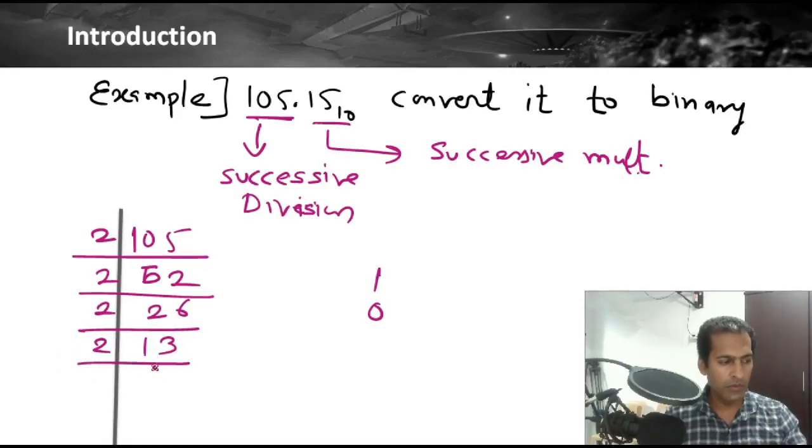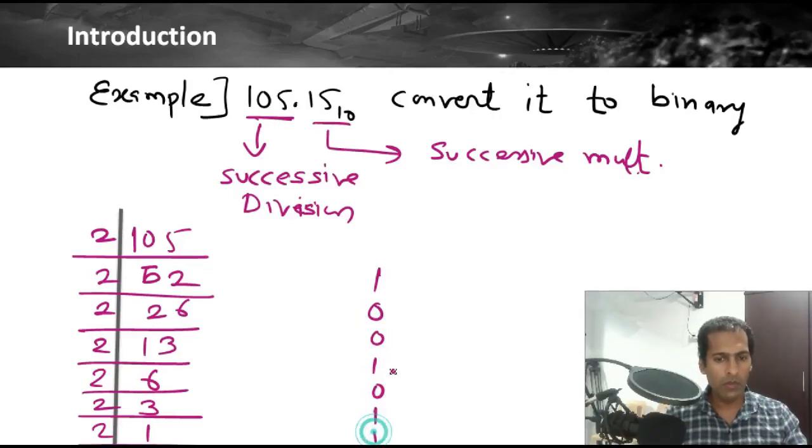Then again divide by 2: 26, remainder 0. Then 13, remainder 0. Then 6, remainder 1. Then 3, remainder 0. Then 1, remainder 1, and finally 0, remainder 1. So here we get the remainders 1, 0, 0, 1, 0, 1, 1.